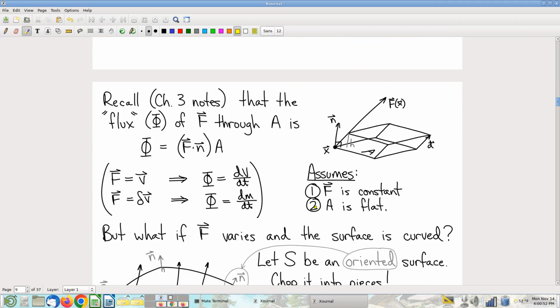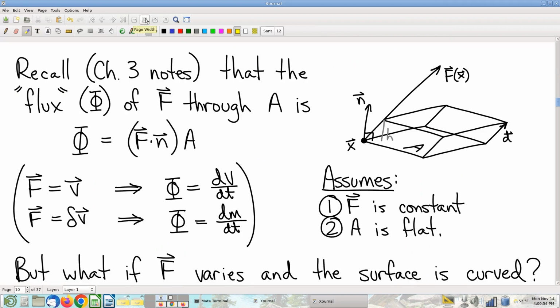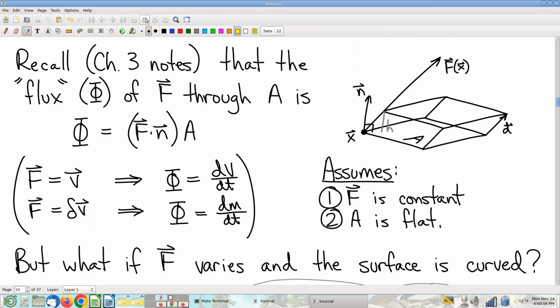So here is another kind of problem that we can address. I'm going to take us back to chapter 3 real quick and talk about flux again. You all remember flux, and the idea is that we asked the question: suppose I have a vector field that represents velocity. I've got a fluid flowing around, and the vector field's telling me what the velocity of that fluid is, wherever I might happen to be looking.